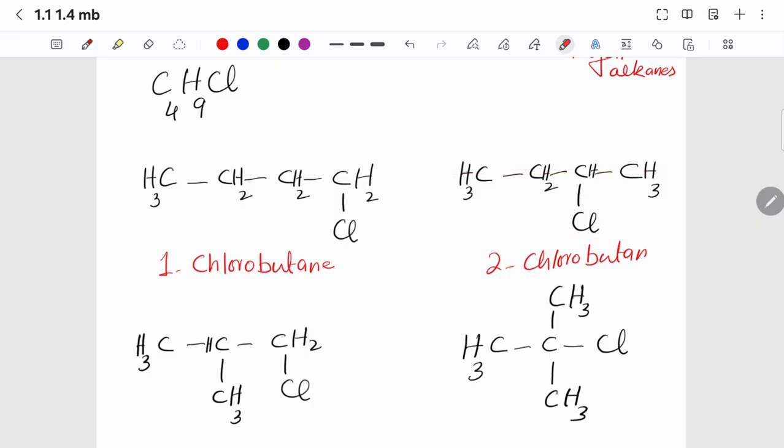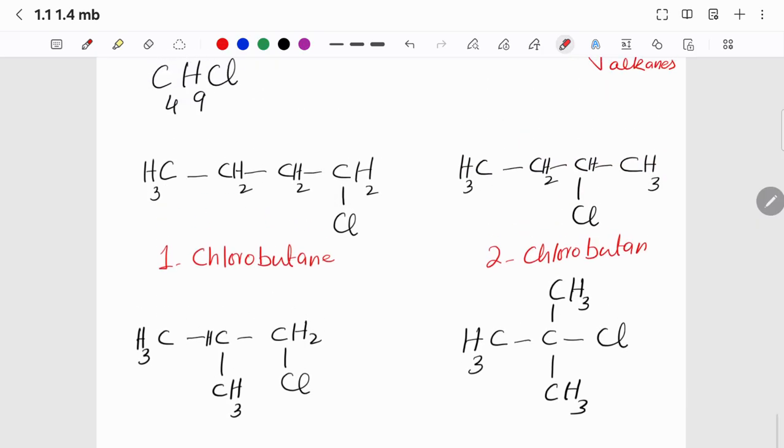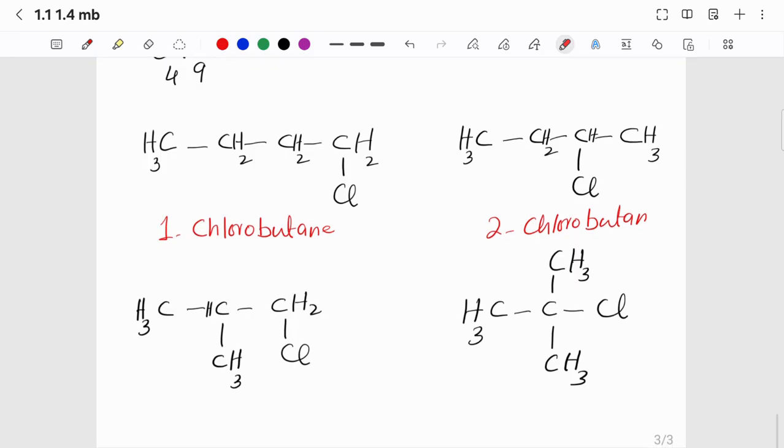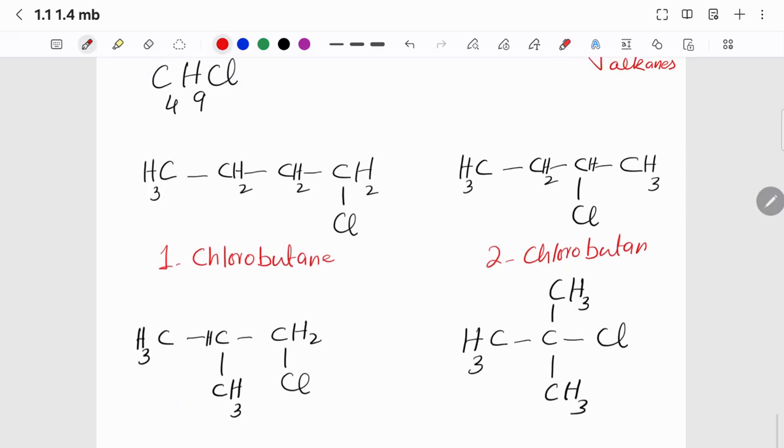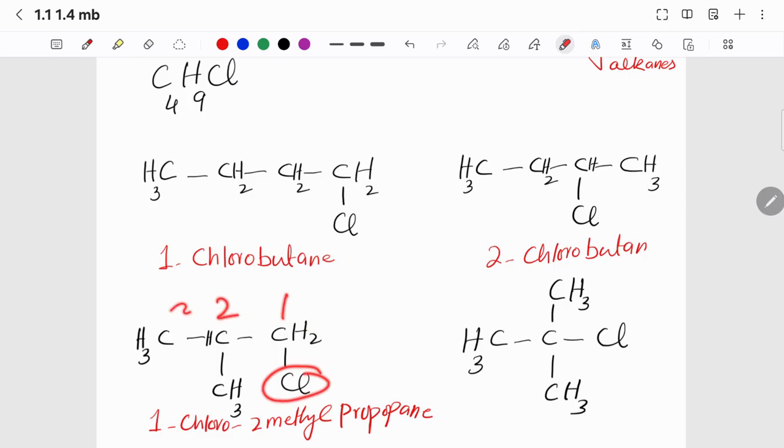All right, and it would be 1-chloro-2-methylpropane, because 1 chlorine is attached here at position 1, and at position 2 a methyl group is being attached and it's a propane.